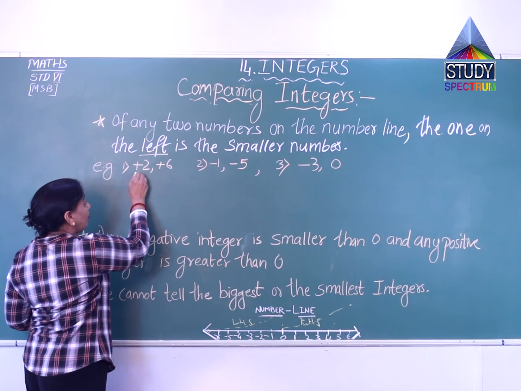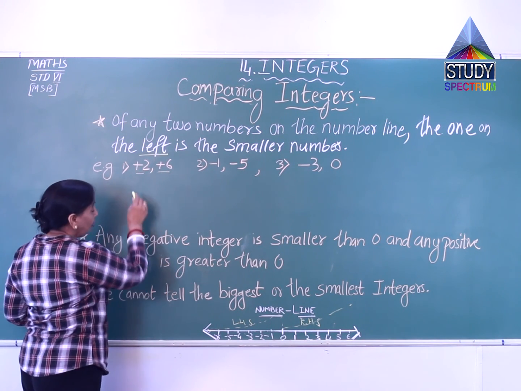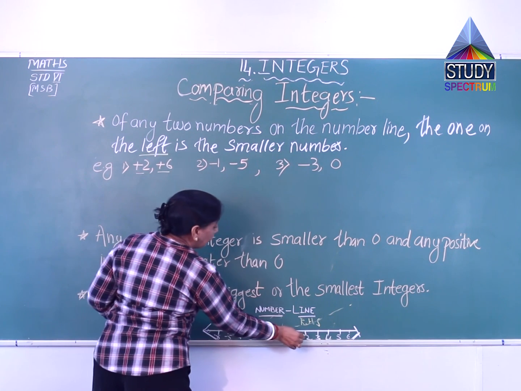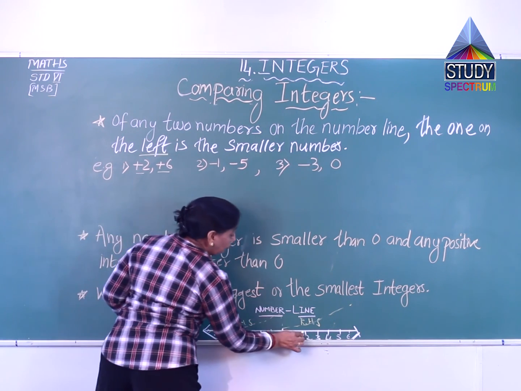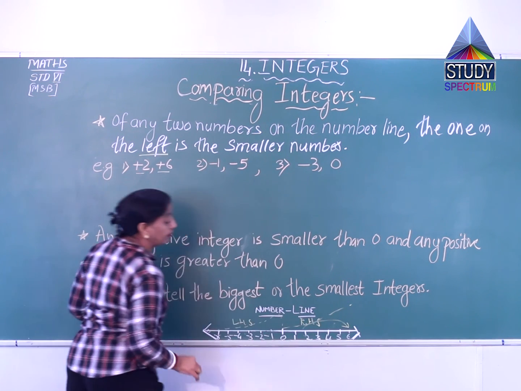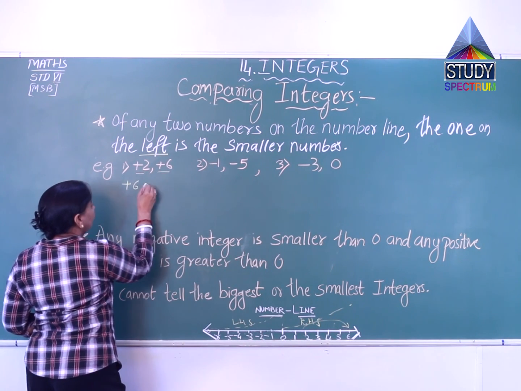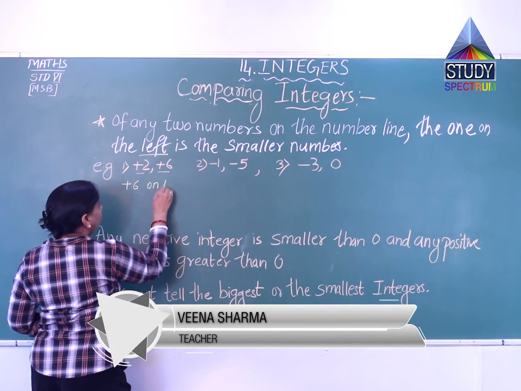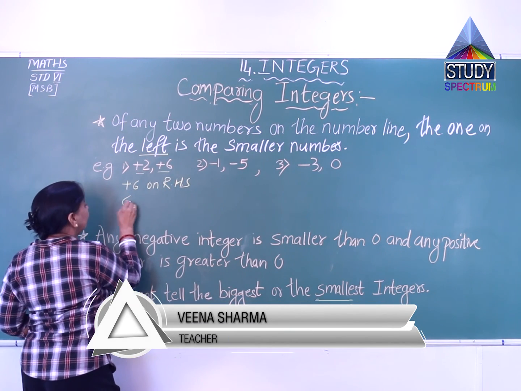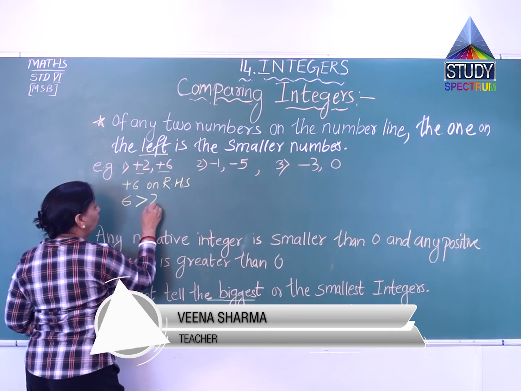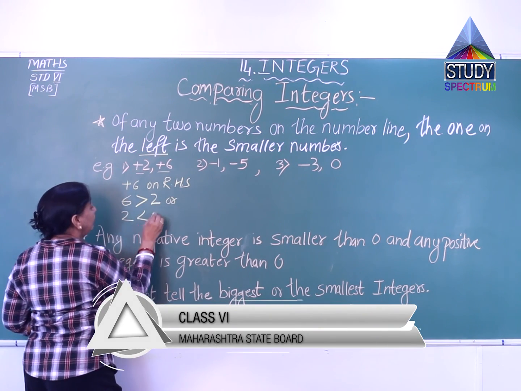In the first example they have given positive 2 and positive 6. Now see, positive 2 is here, and positive 6 lies to the right of 2. So positive 6 is on the right hand side. So 6 is greater than 2, or you can write 2 is less than 6.